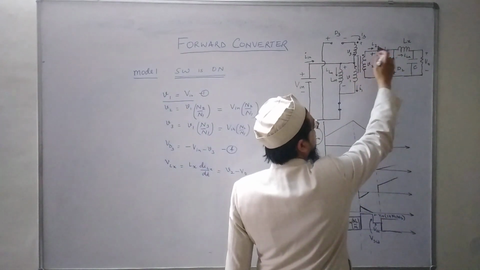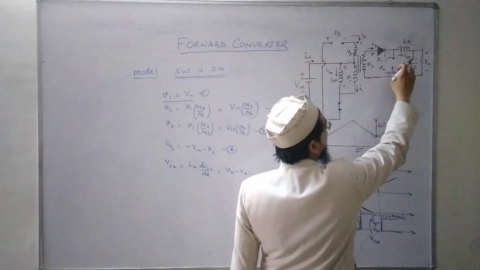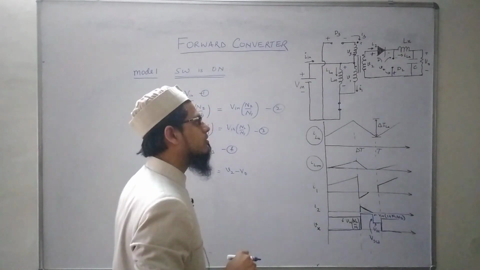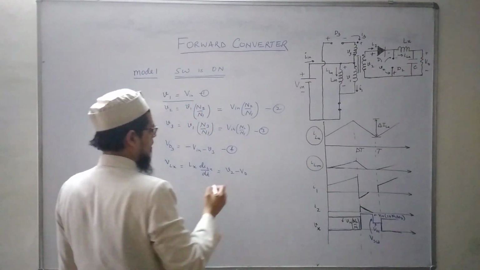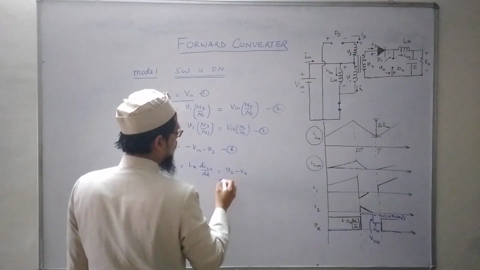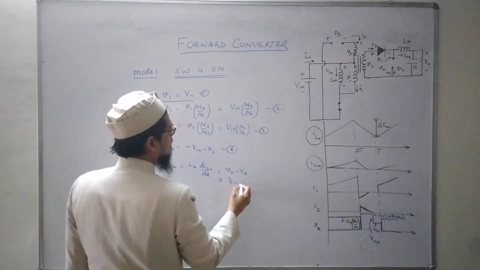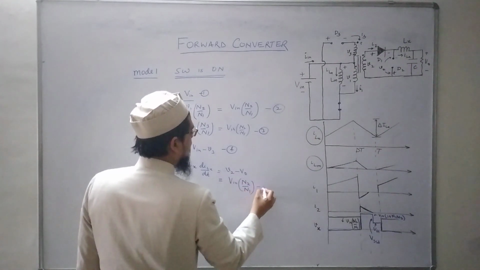Because diode D1 is conducting, the voltage appearing on the left side of Lx would be V2, while the voltage on the right side of Lx would be V0. V2 we have already derived, so it is V in times N2 by N1 minus V0.